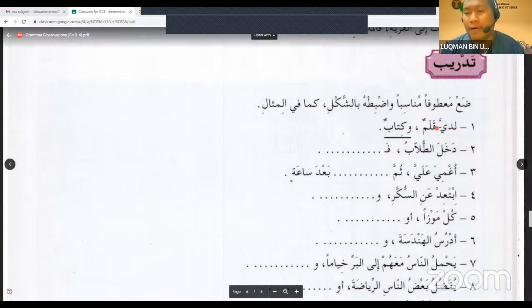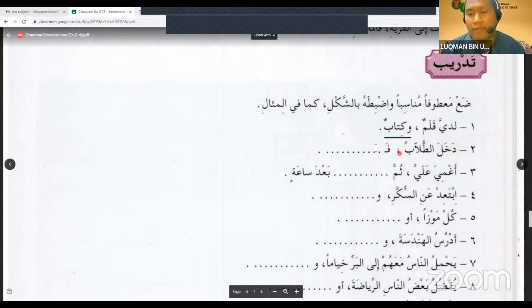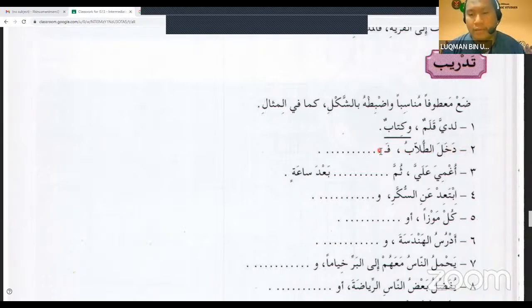Example: Ladayya qalamun wa kitabun, I have a pen and a book. Dakhala at-tullab fajalasu. The students entered, and immediately right after, they sat down. And so on and so forth.